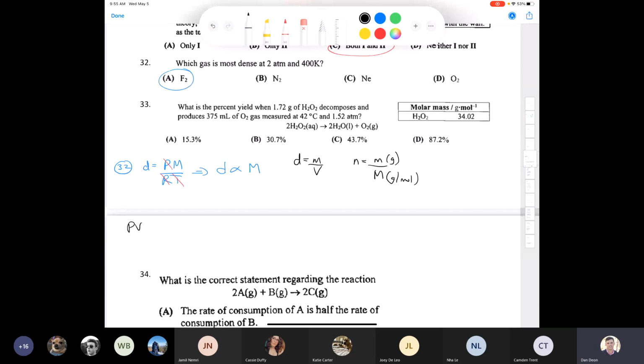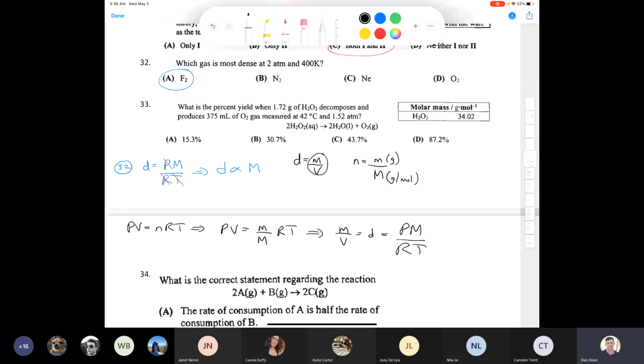So then if you have PV is equal to nRT, you can rewrite it as P times V is equal to little m, mass over molar mass, times RT. Then you can solve for m over V. And you get the m over V, which is equal to density, is equal to P times M divided by RT, like that. So that's how you derive that formula. But again, density is directly proportional to molar mass.